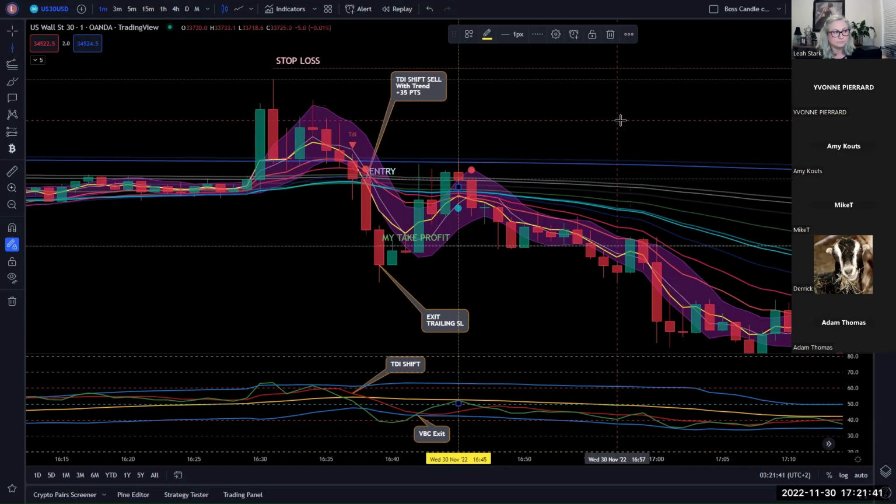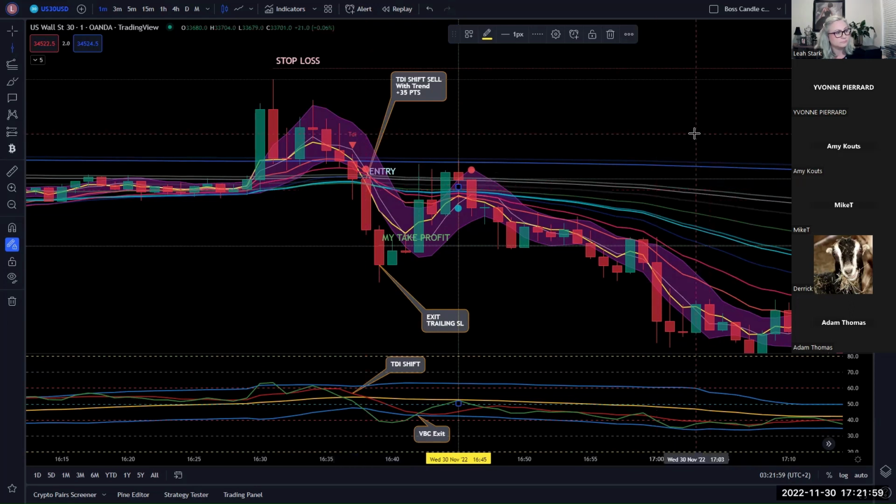One of the things he said that I really loved was that when he takes a TDI shift, he watches for the next candle. And if that candle turns green, that's a signal for him to maybe take an early exit and cut his losses. We did mention that we're still fairly close to open on the shift.